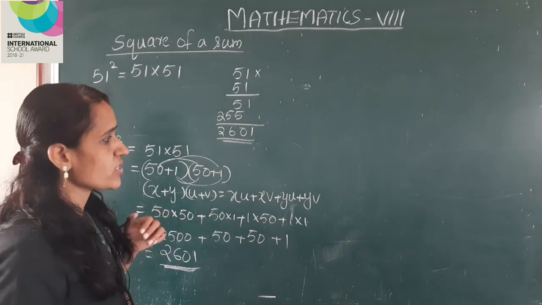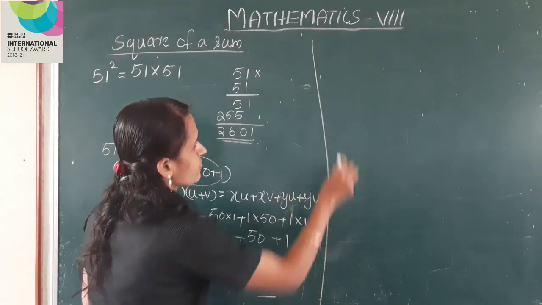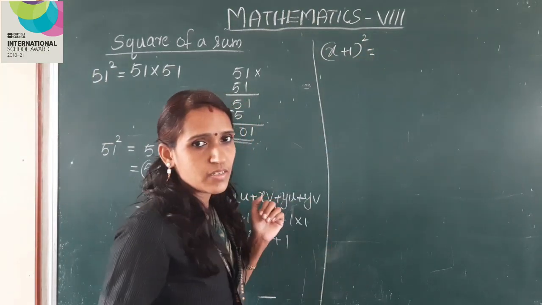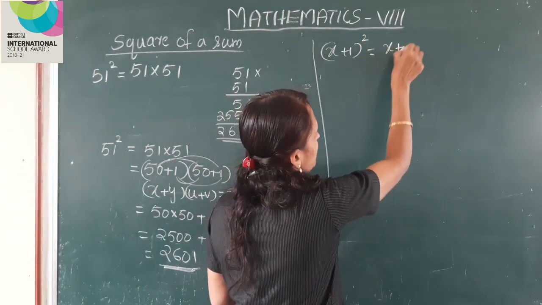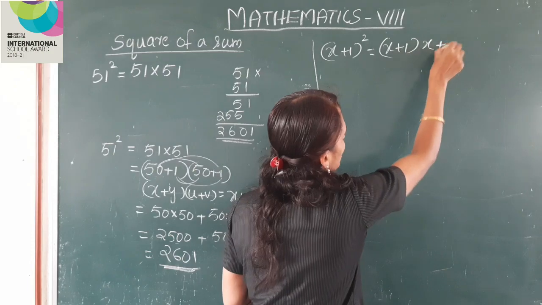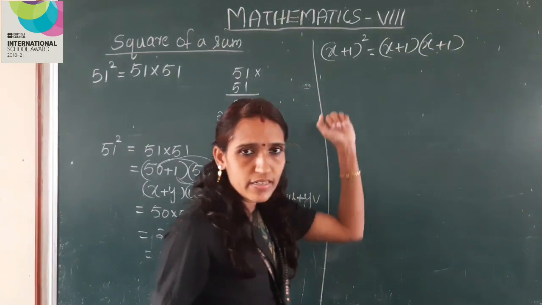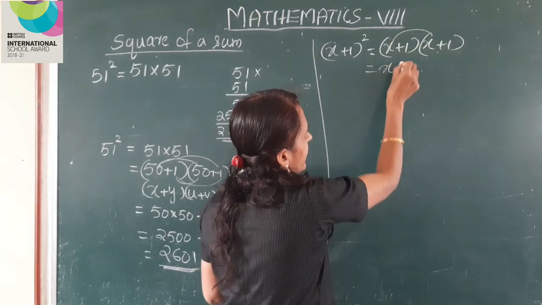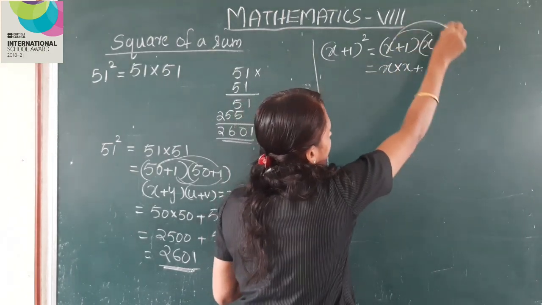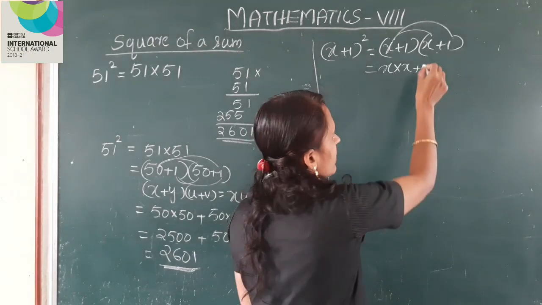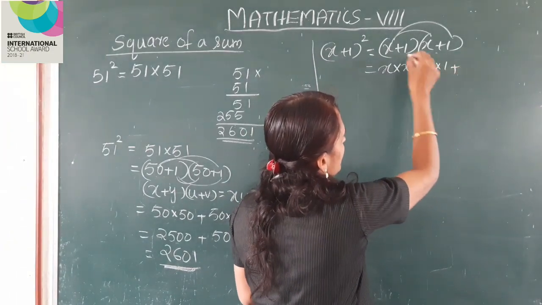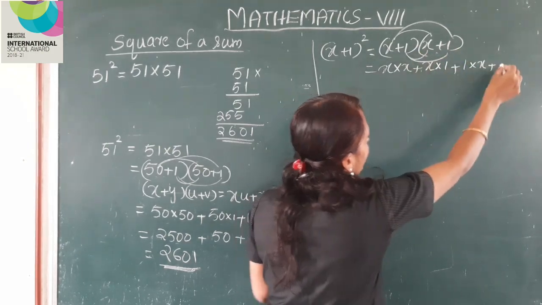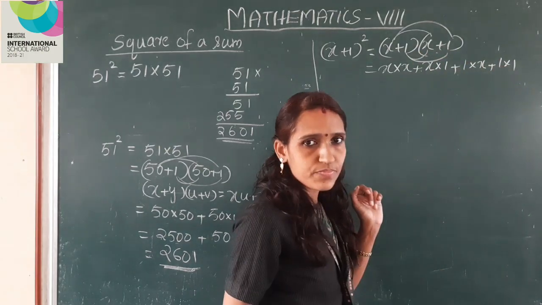Next, x plus 1 whole square is equal to x plus 1 into x plus 1. Again, using the identity, x into x plus x into 1 plus 1 into x plus 1 into 1.